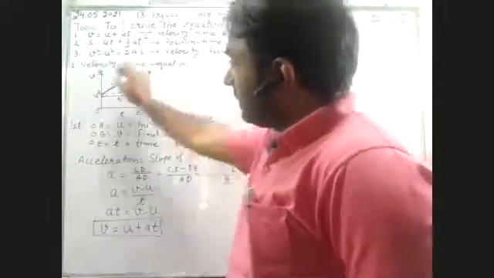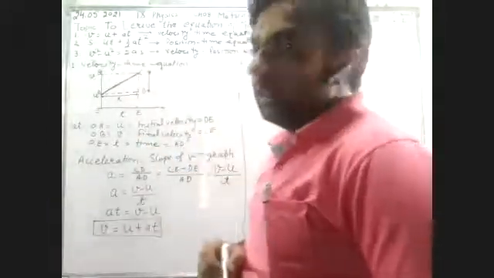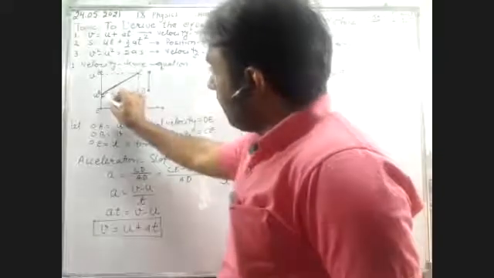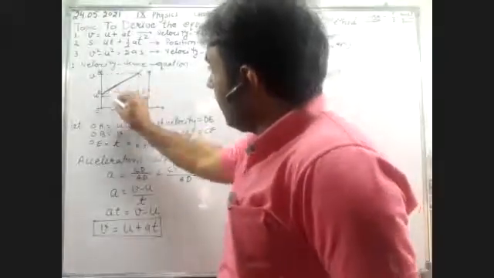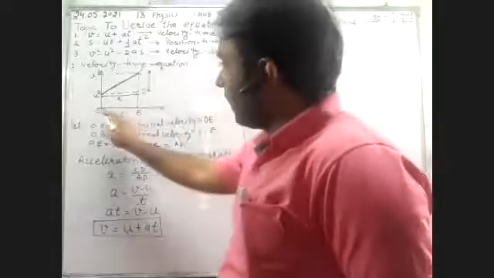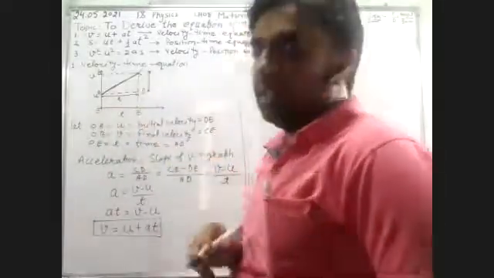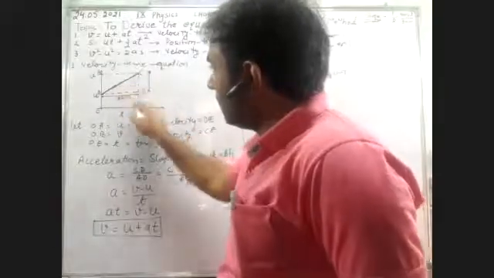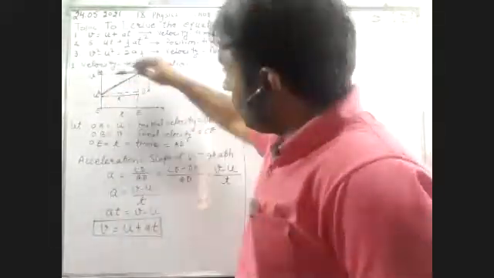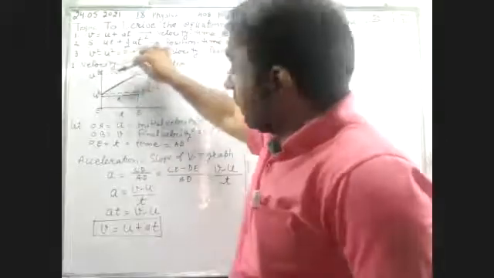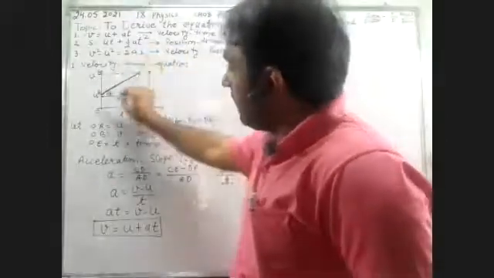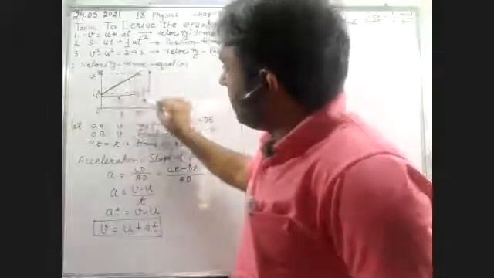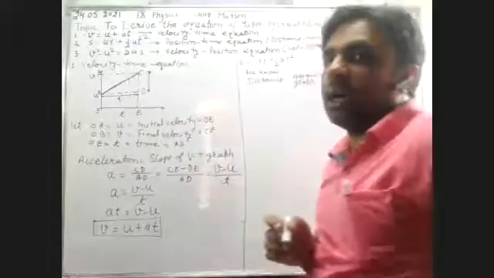So look at this graph carefully. You know that we are having one triangle ADC and one rectangle OADE. This is our required area. Means AC is a VT graph, and below the VT graph, what is the area? OACE. OACE is the required area.